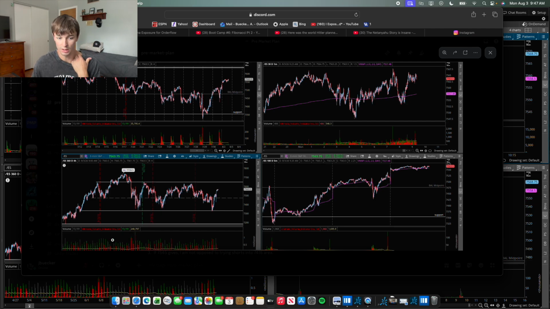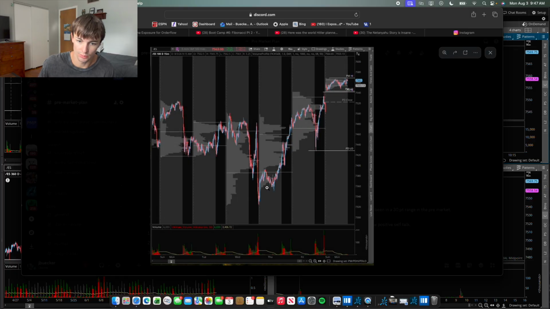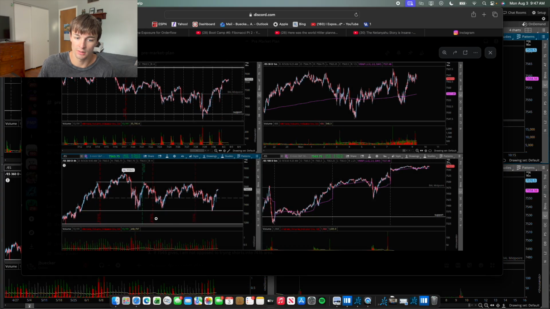So when you get in a higher time frame balance like this, you can use levels more as targets. Say we're at this point in the move where we've bounced strongly off the low in the pre-market, then we might look for longs to target that higher time frame mean reversion.